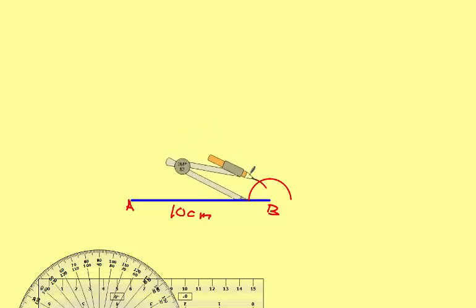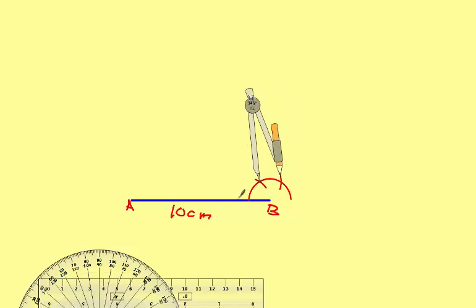Good. This is my angle 60, right? Then I'll move to the angle 60 to construct my angle 120, with the same radius. Don't change the radius. If you do, then it's going to be difficult for us.